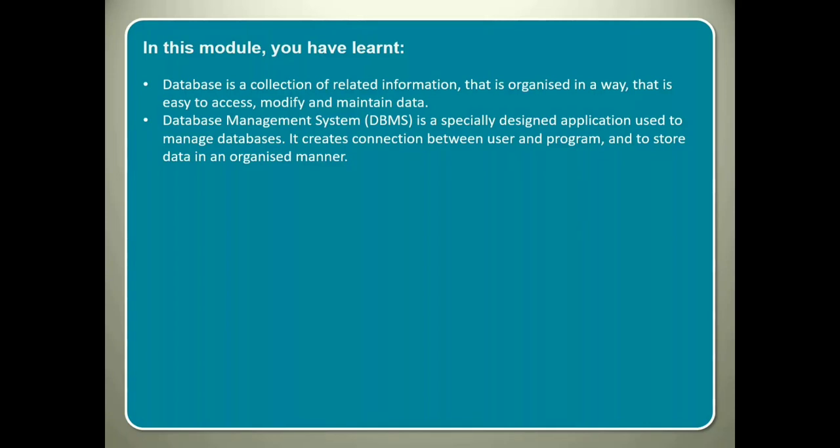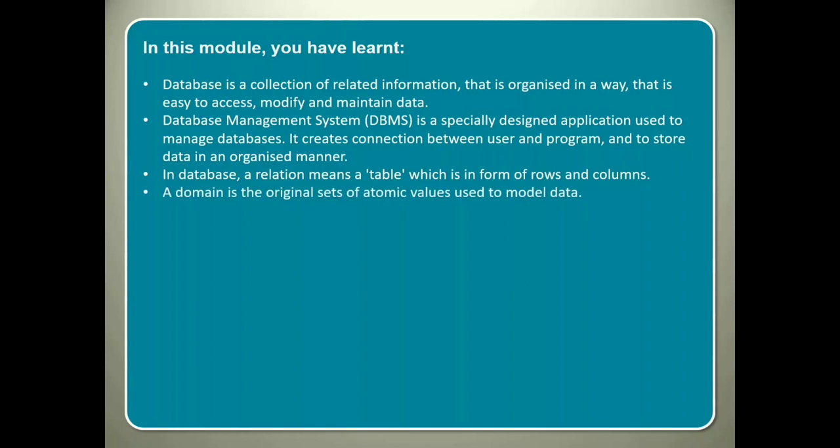It creates connection between user and program and stores data in an organized manner. In database, a relation means a table, which is in form of rows and columns. A domain is the original set of atomic values used to model data.